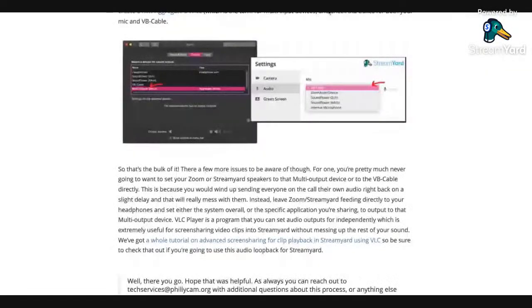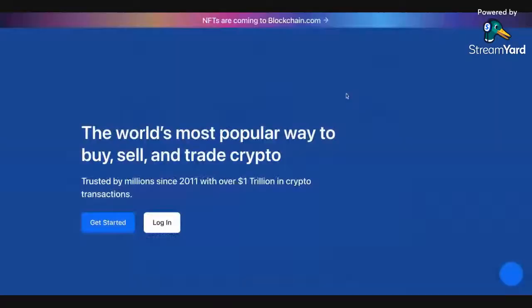All right, so let's visit blockchain.com and then we'll visit their explorer so you can get a hang of what we are saying.